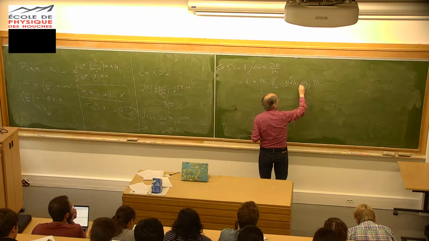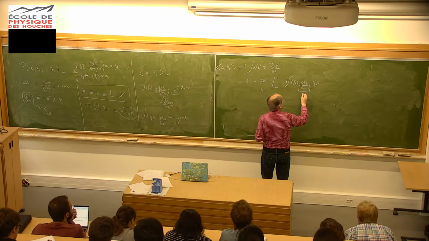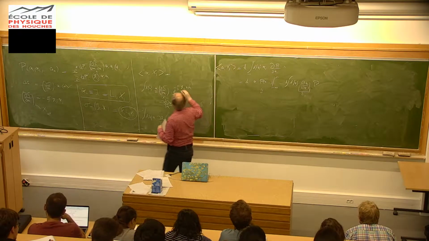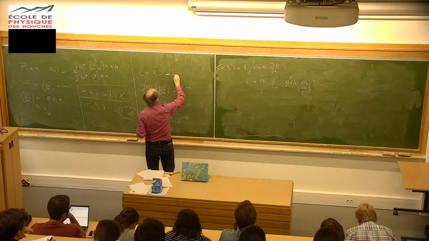Now alpha I and alpha j are independent, so this is delta ij. So in the end this thing is equal to a Kronecker delta.